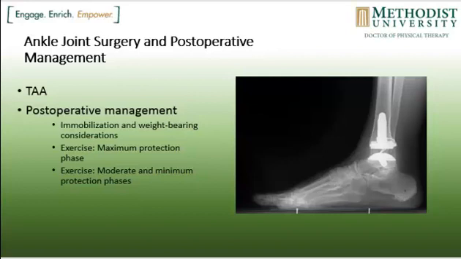The authors recommend immobilization for 10 to 21 days, so for up to 3 weeks, immobilization in a splint following surgery. Additionally, non-weight bearing for 3 to 6 weeks following surgery.